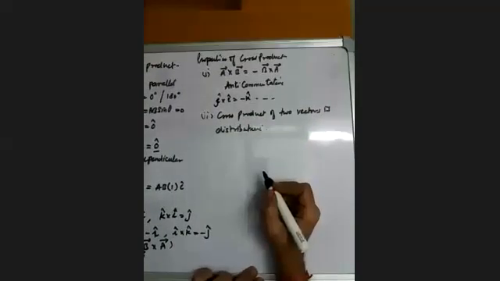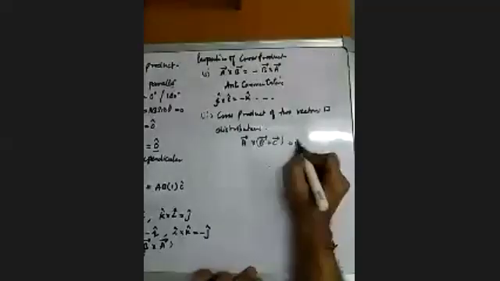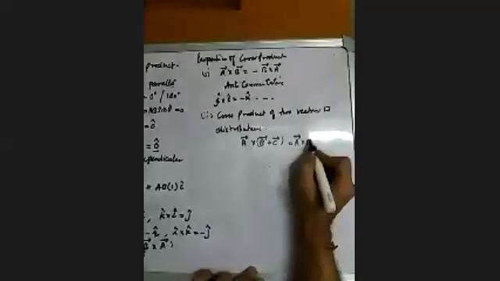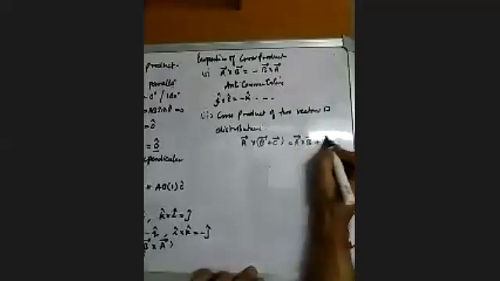So what is distributive? That is, if we have a vector cross b vector plus c vector, this will be equal to a vector cross b vector plus a vector cross c vector.